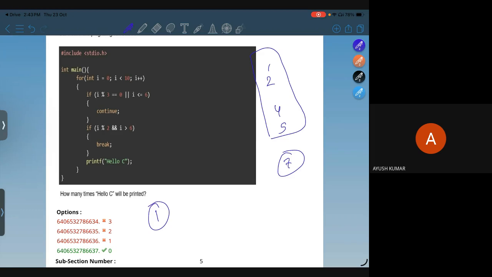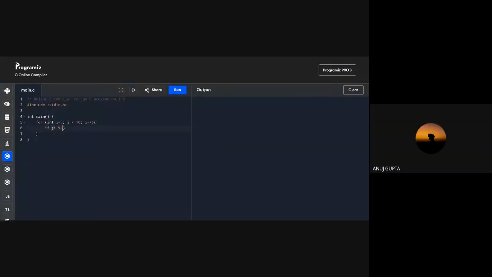Sorry. For 7, it will be printing, right? Like hello C will be printed when the value of I reaches 7. Why? Okay, okay, yeah. Just a minute. Let me share my screen so that you guys can see some progress.